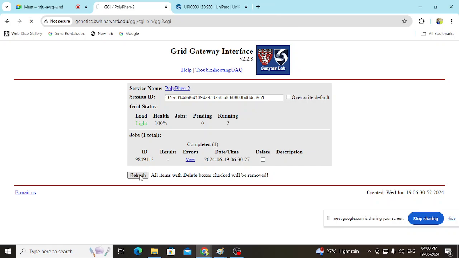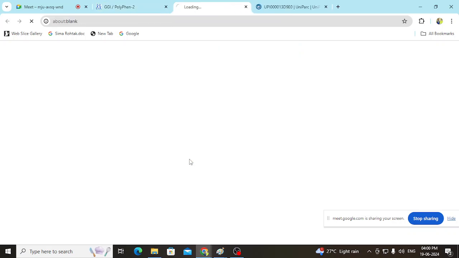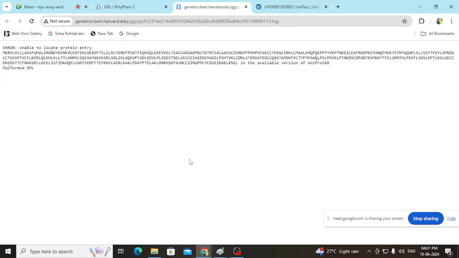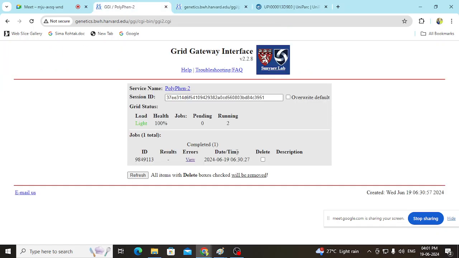Since the tool is free and for academic purpose, we'll see what the error is. Unable to locate protein entry. One more time. No, it is not able to.